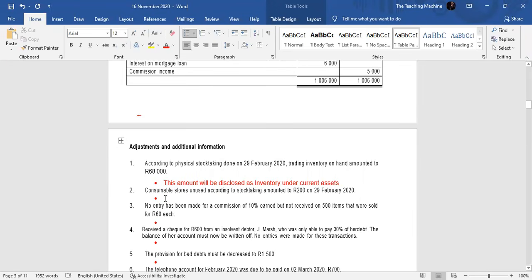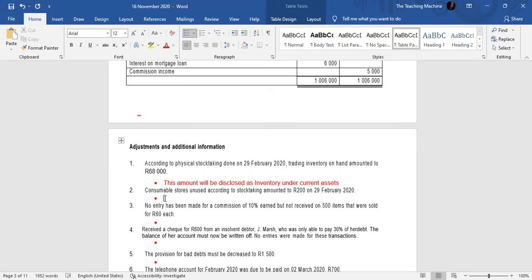Number two, consumable stores unused according to the stock taking amounted to 200 on the 29th of February, 2020. Now, what are consumable stores and what is the correct procedure to disclose the consumable stores on the statement of financial position?